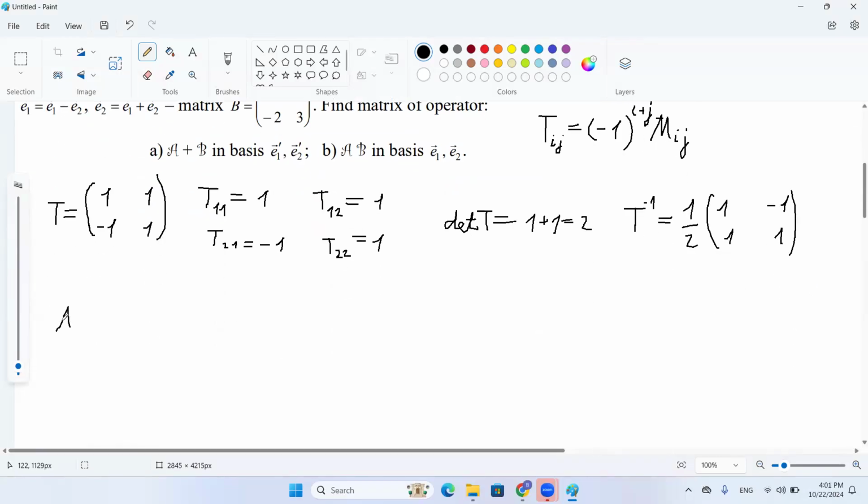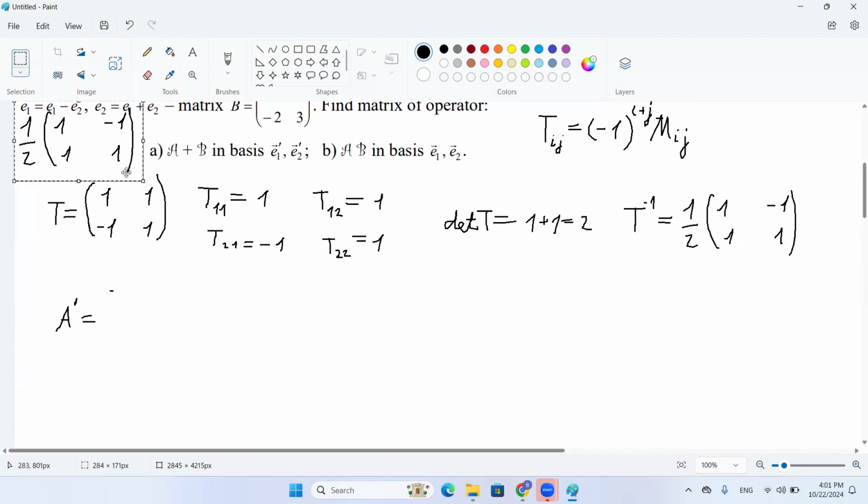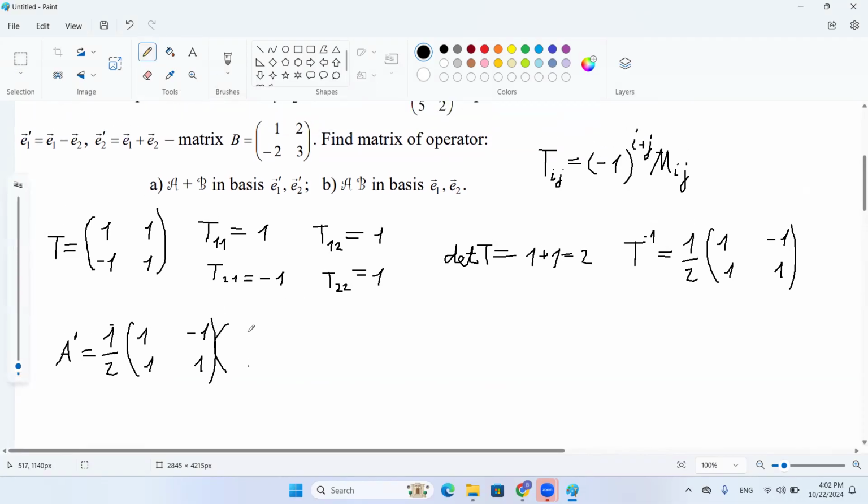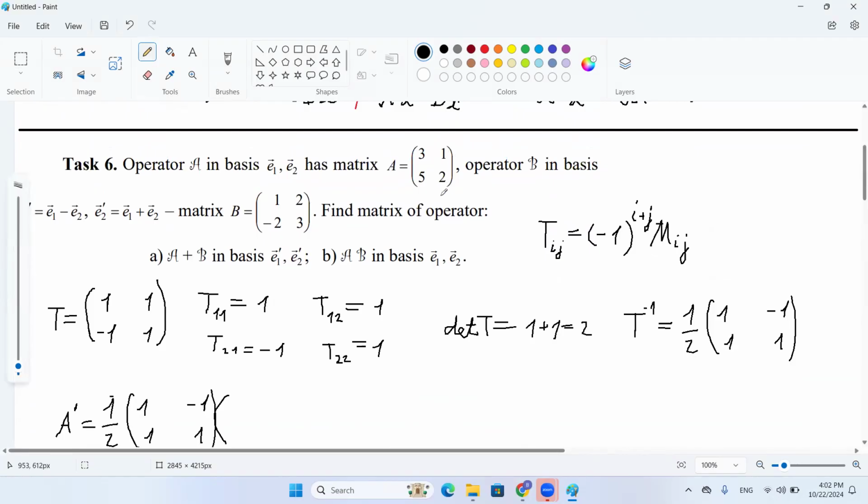Okay, so now let's find matrix A prime. 3, 1, 5, 2.